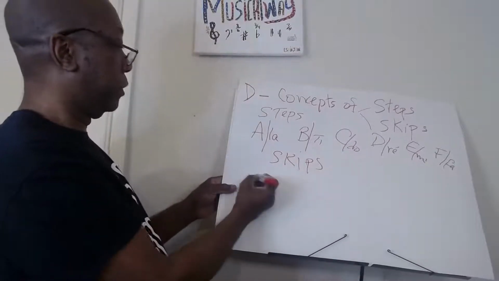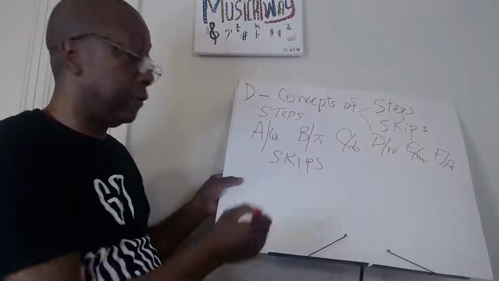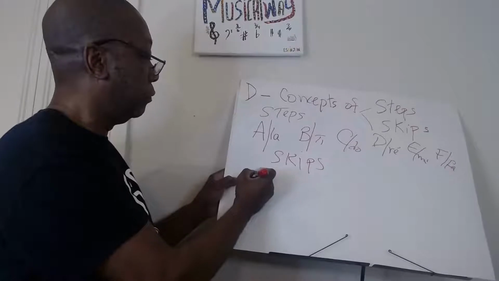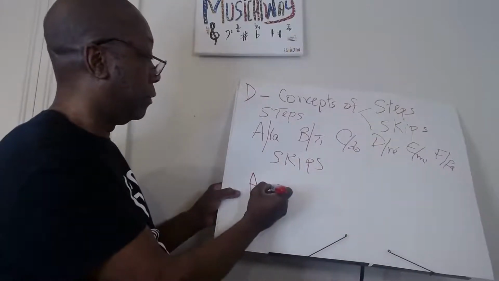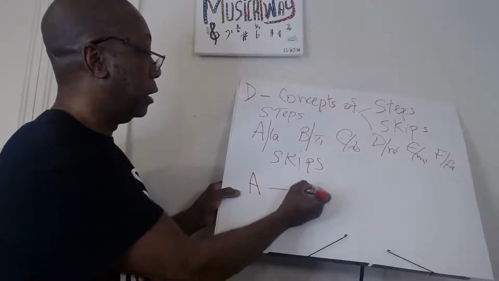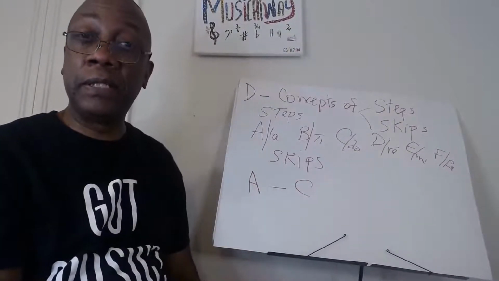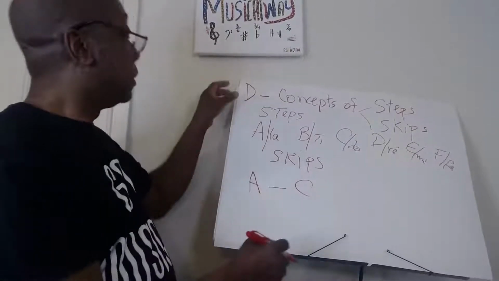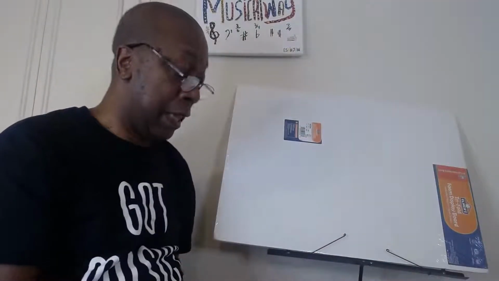What are the skips? It's a simple line and space. You got it. Very good. Line and space. Let's take the alphabet letters. A, I skip the B, I have C. That's it. So it's the same concept as the line and the spaces. If you understood the line and the spaces, you got it with the steps and the skips. All right. Now, let's bring everything to a halt.